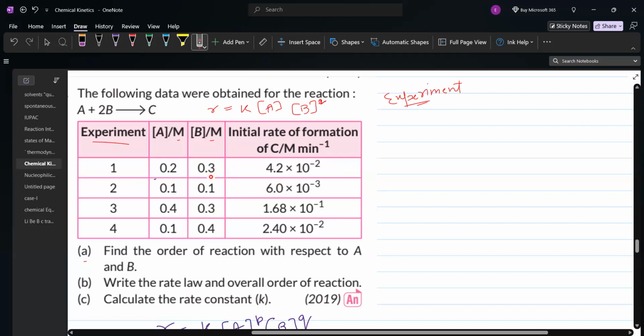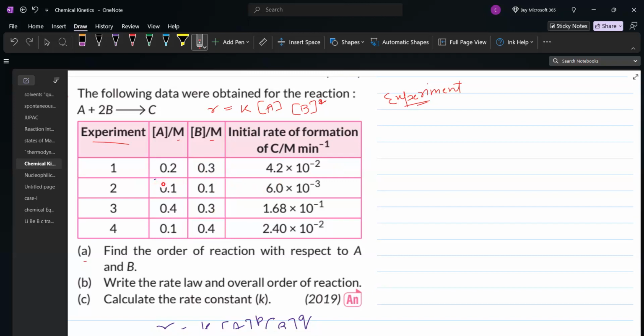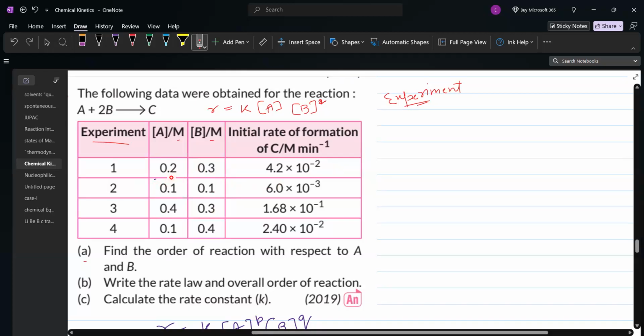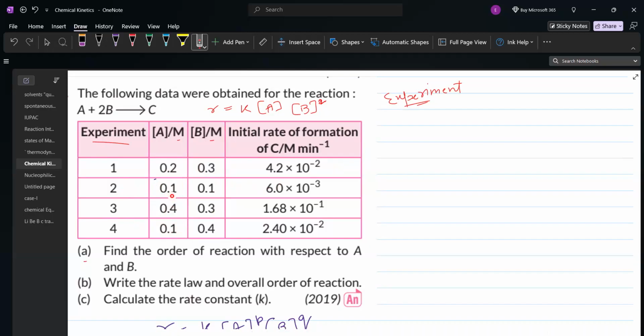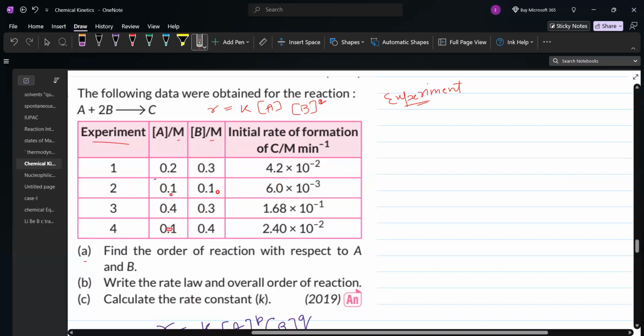So what we have to identify is that the concentration of A in this second experiment and in this fourth experiment is the same, right? We have kept the concentration of A constant and we have changed the concentration of B from 0.1 to 0.4.